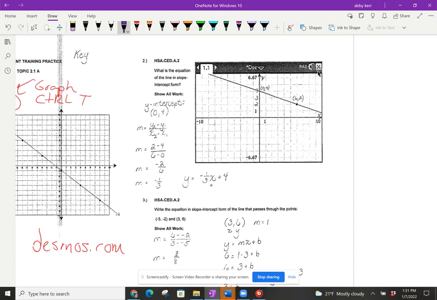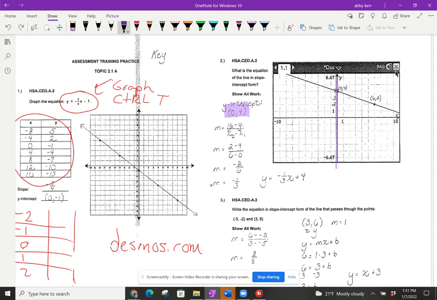For number 2, the y-intercept is always where your line crosses. In this case, it crosses 0, 4. And then you can pick 2 points. Here's 1 point, and then you can pick another point.